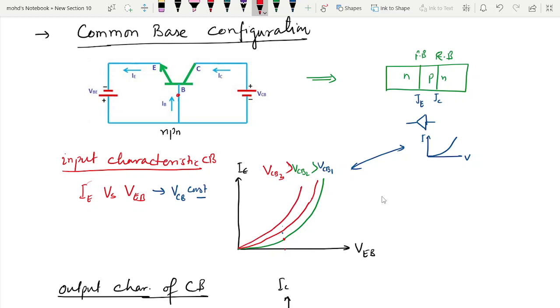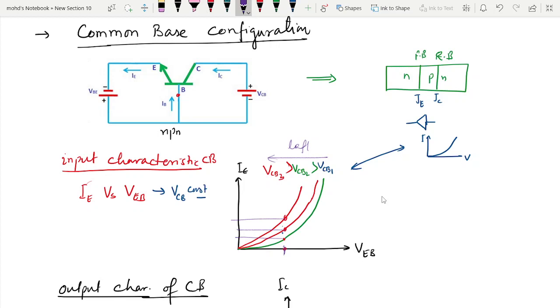So for a given value of VEB, higher emitter current will be obtained for a higher value of VCB, as VCB3 is greater than VCB2 and greater than VCB1. So as VCB increases, the input characteristics shift towards the left. As we can see from the graph, the input characteristics shift towards the left.